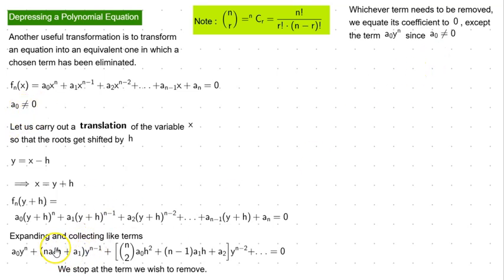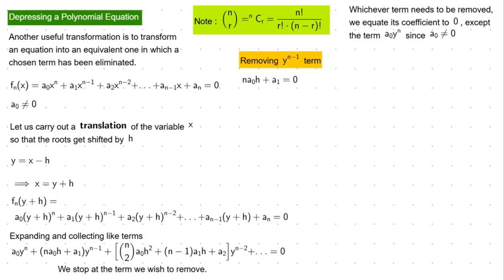What does this mean? If we want to remove the second term, we equate the coefficient to 0. If we want to remove the third term, we equate this to 0. So removing the y to the power of n minus 1 term, that is the second term here, we equate the coefficient to 0: n a sub naught h plus a1 is equal to 0.